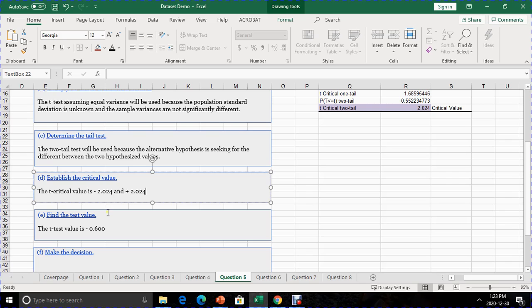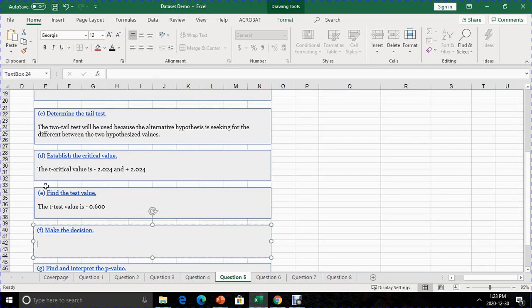So what that means, if the test value falls within this range, then we have to accept the null. However, if the test value happens to be less than negative 2.024 or greater than positive 2.024, then we have to reject the null. In this example, you notice that the test value falls within this range because the negative 0.600 lies within this critical value range.